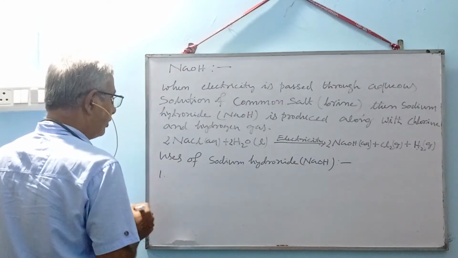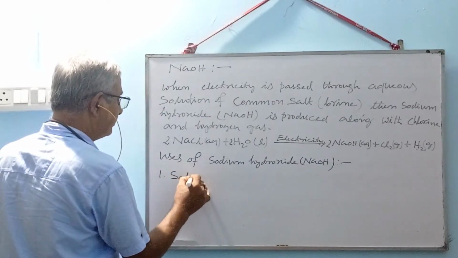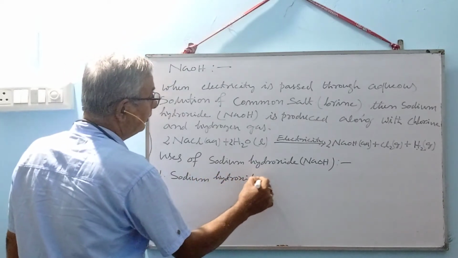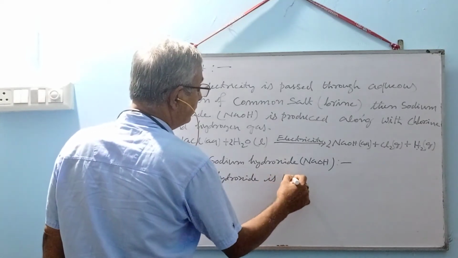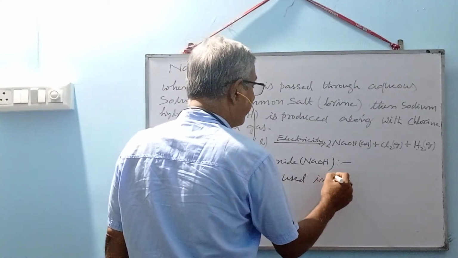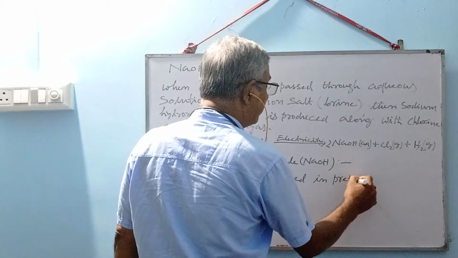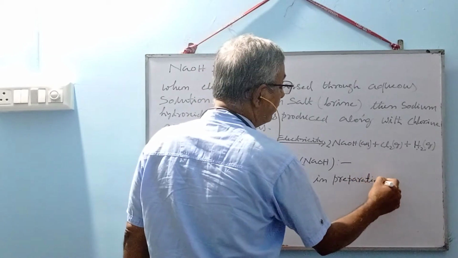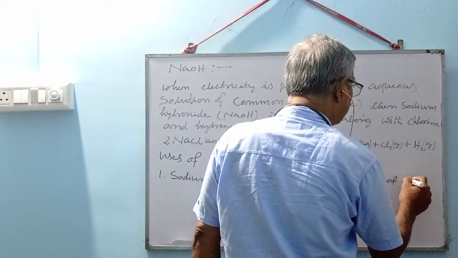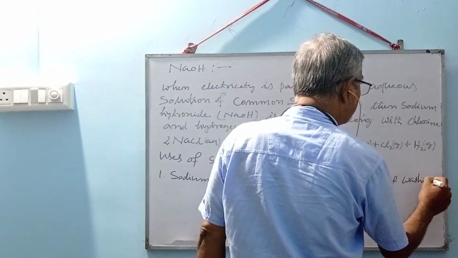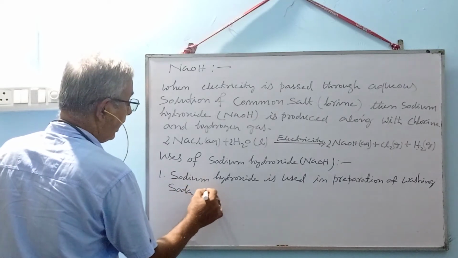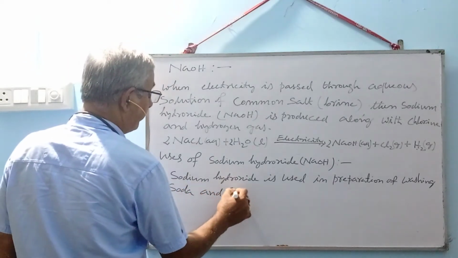Number 1, sodium hydroxide is used in the preparation of washing soda and soda lime.